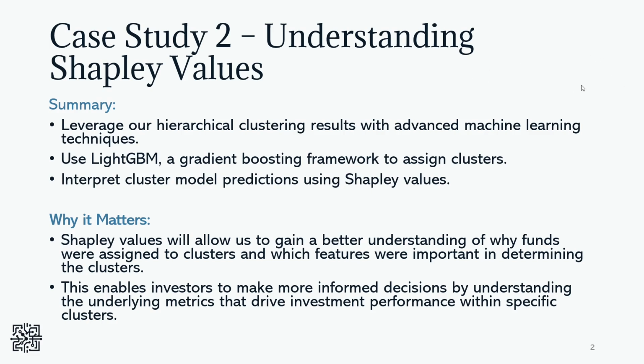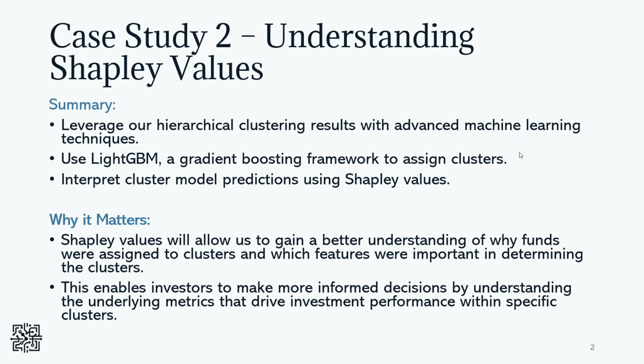Okay, so first and foremost, what's going to happen during this course? We are going to continue what we did with our hierarchical clustering results. Now we're going to add on some other machine learning techniques. Specifically, we're going to use a gradient boosting technique called LightGBM, which we will use to assign the funds to clusters so that we can create a supervised learning model that will essentially try to predict which cluster a fund should go in based on its features, its factor exposures, the risk and reward exposures.